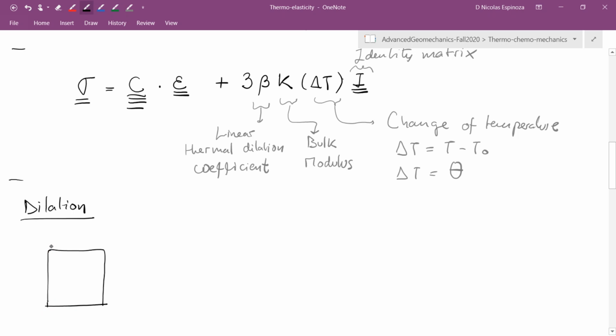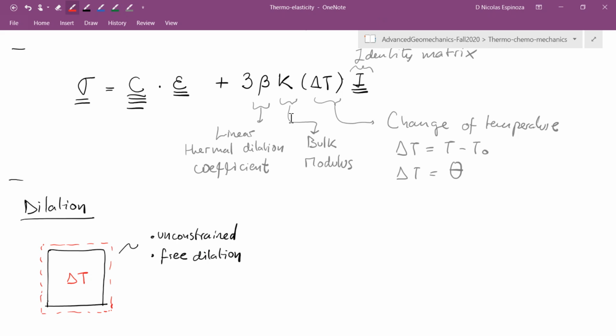Here I'm just making a 3-dimensional schematic, which is what we called unconstrained, or you could also say, in simpler terms, a free dilation. And we're going to apply a change of temperature that is going to make this solid change size. Let's see what our equation predicts for this type of experiment.